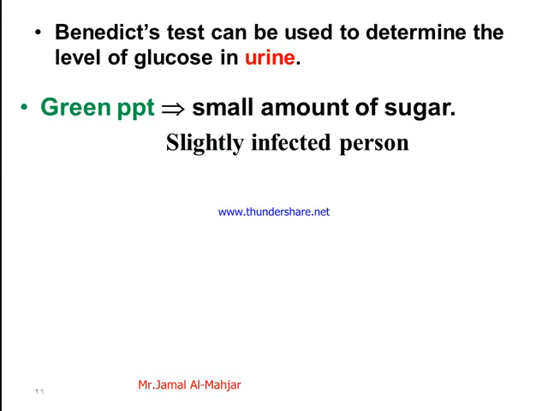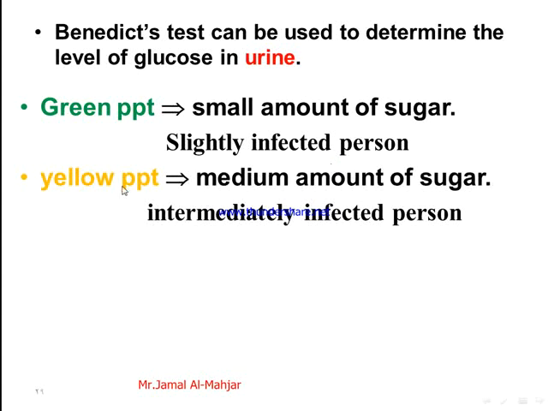Now we have an experiment to detect the amount of sugar in your urine. Just take your urine in a test tube, then add Benedict solution or Fehling solution. If you boil it and get a green precipitate, that means you have a small amount of sugar, so you are a slightly infected person.